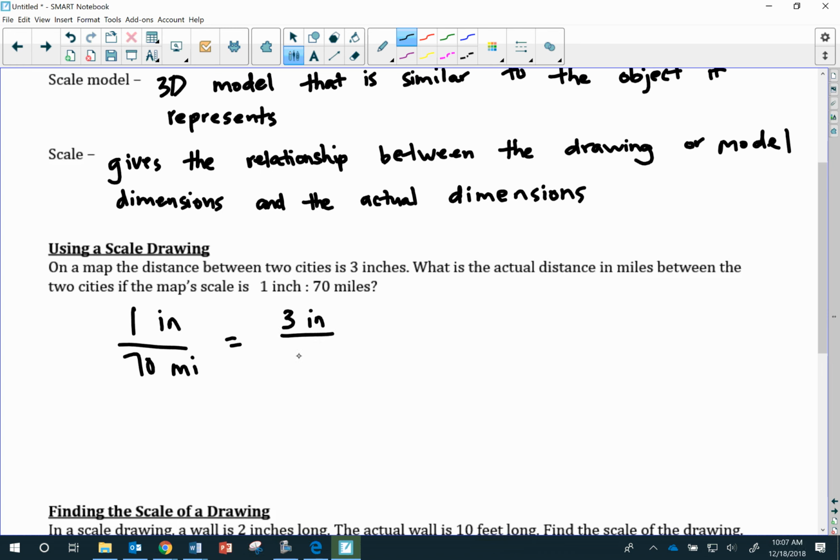And we're wanting to know how many miles that is. So if you would like to rewrite this as a proportion, you could say 1 over 70 equals 3 over x. And if we cross multiply and solve for x, we're going to find that x equals 210 miles.